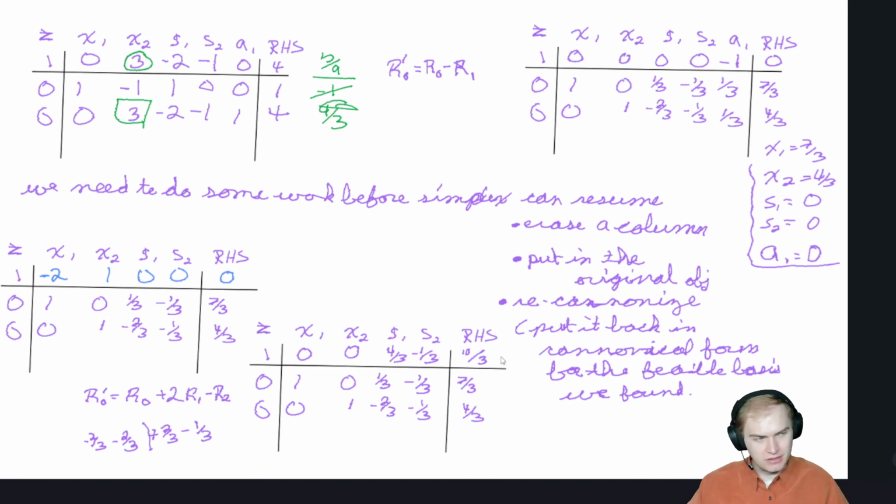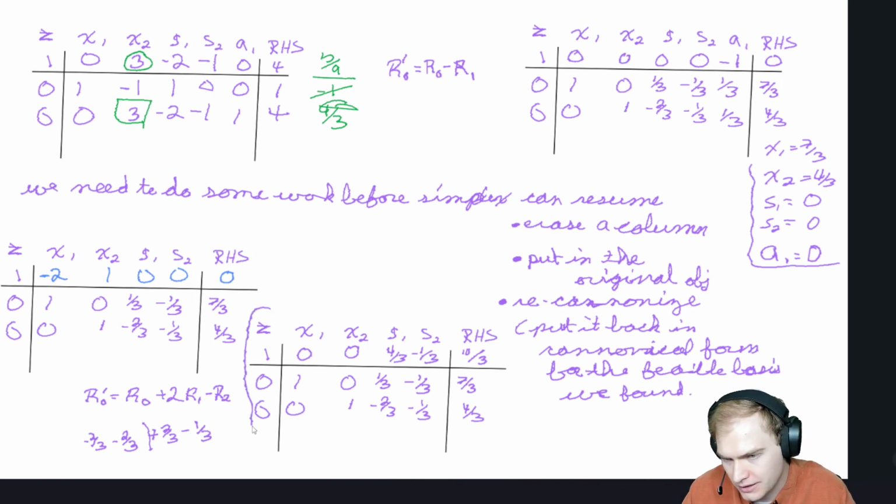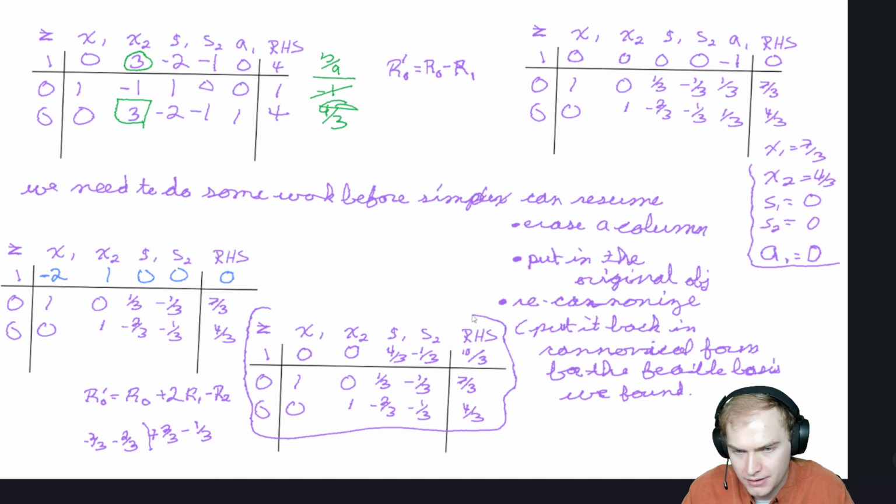I figured that out because my right hand side entry was going to end up negative, so something was wrong there. Anyway, that should be the same tableau we found at the end of the big M method.